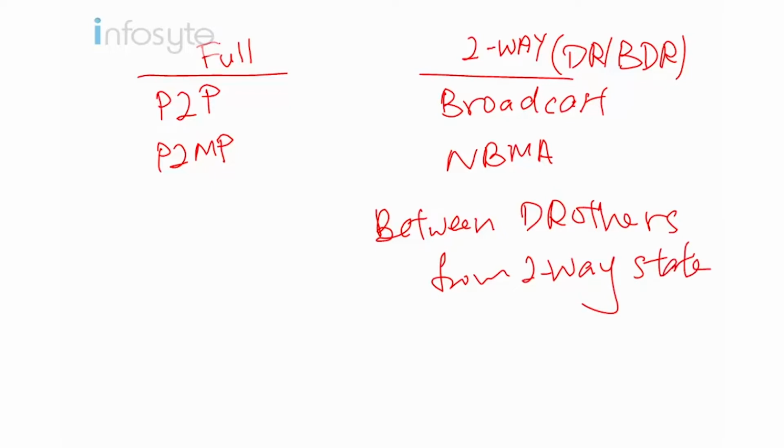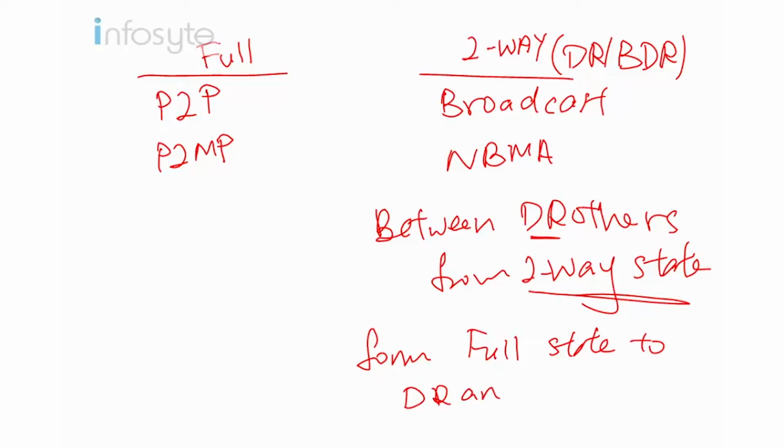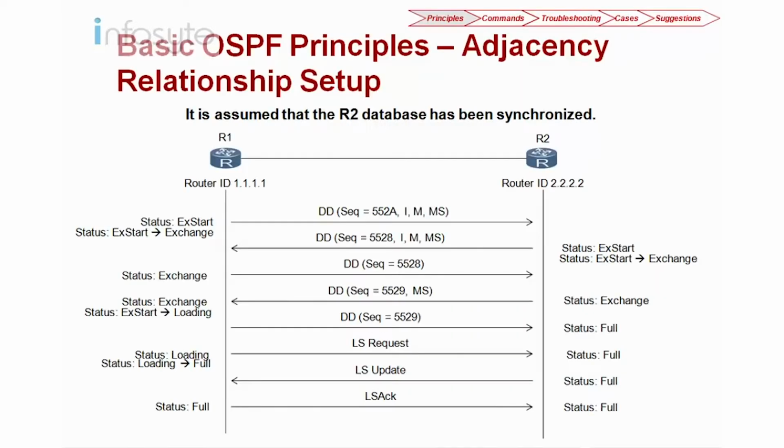Okay, this needs to be aware of. For DROthers, they only form a two-way state, and they will form a full state to the DR and also the BDR. Alright, these are the two different relationships in OSPF.